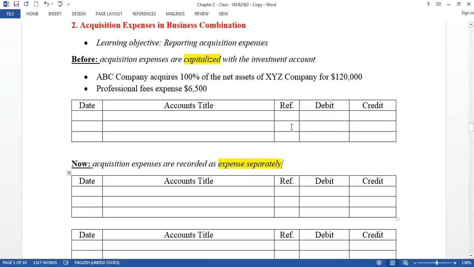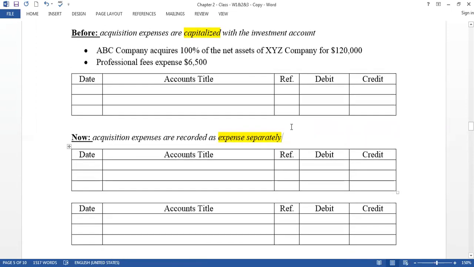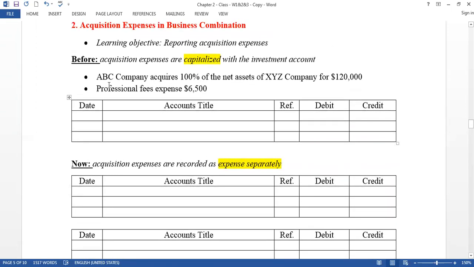So look at the example. The example will give you a clear idea. ABC company acquires 100% of net assets of XYZ company for $120,000. So here we know that this is the parent company.